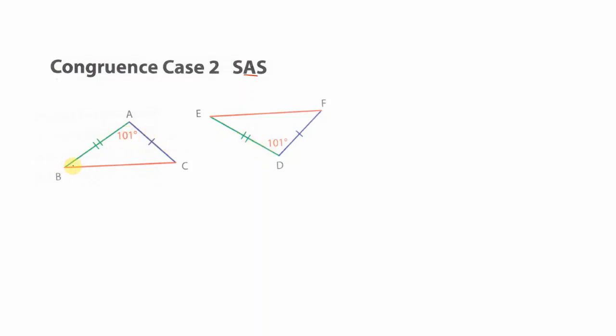If, for example, the angle was angle B instead of angle A, then it would not be in between the two sides. It would not be sufficient to indicate congruency. So just make sure that the angle is always in between the two sides.